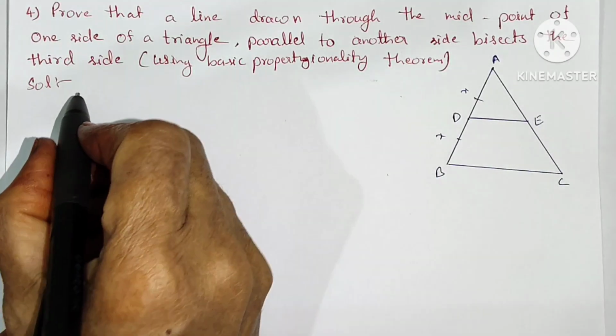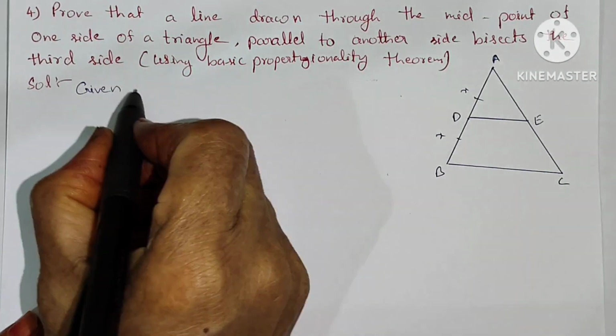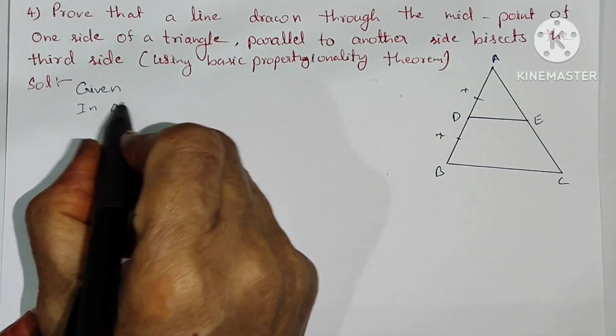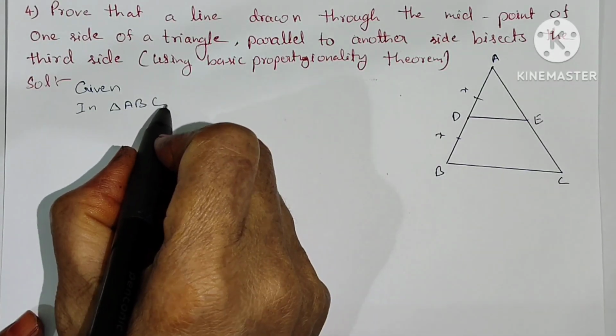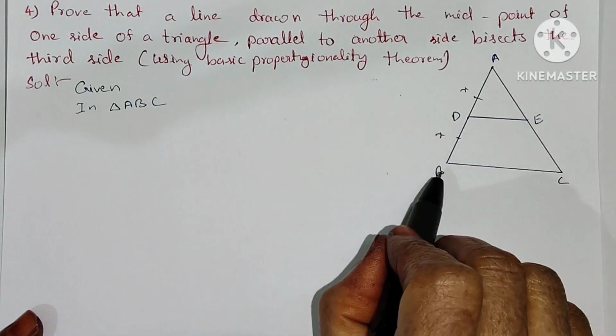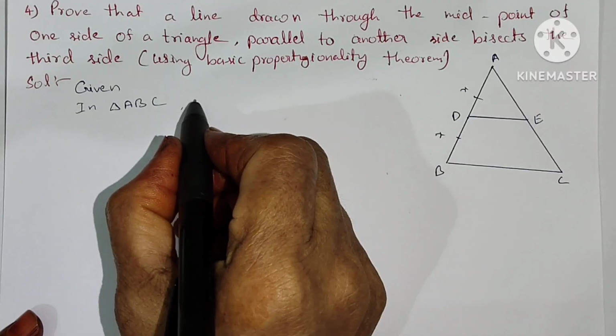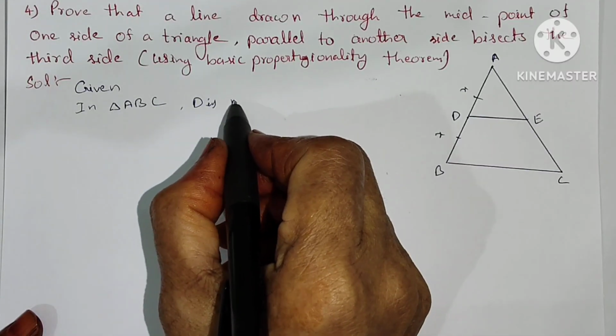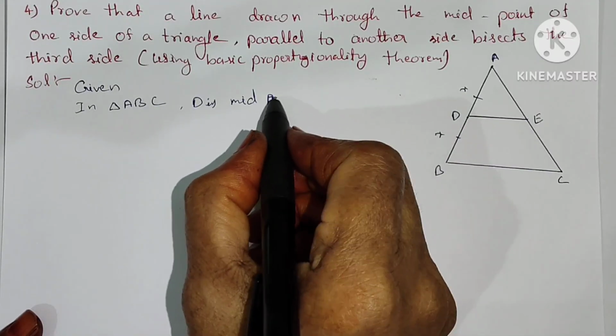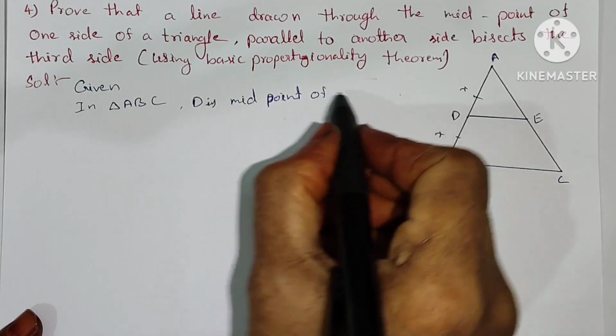First we write the given. In triangle ABC, D is the midpoint of AB.